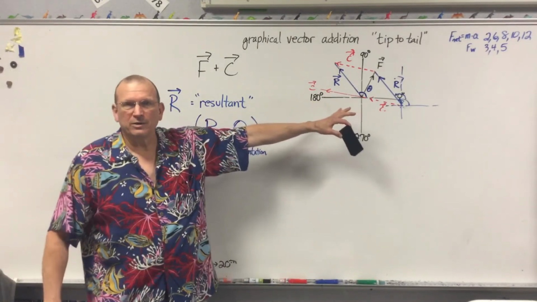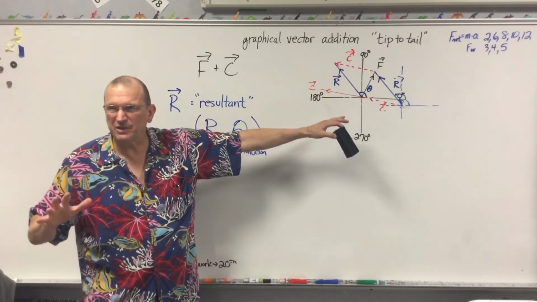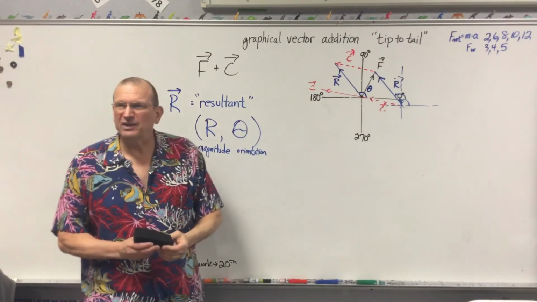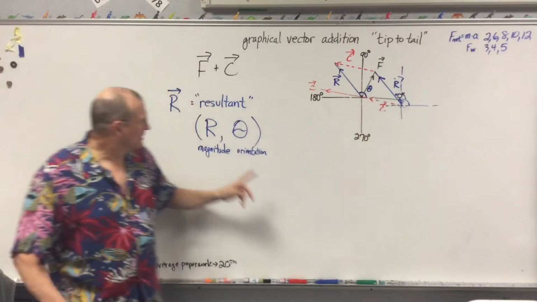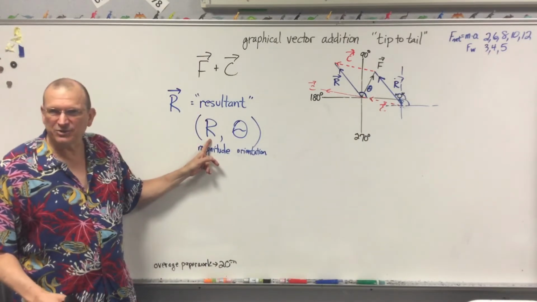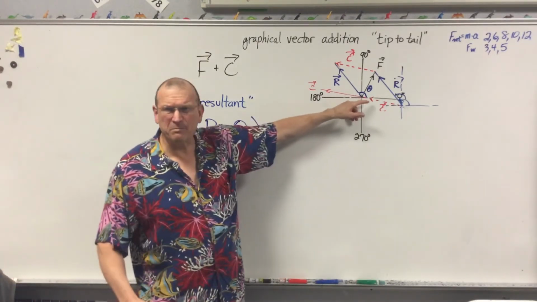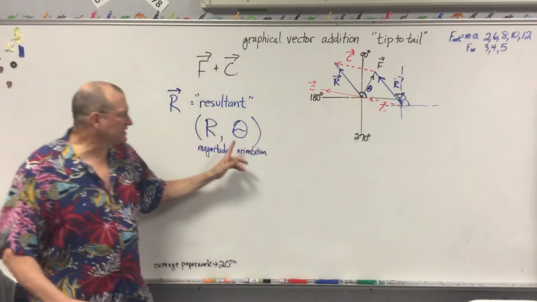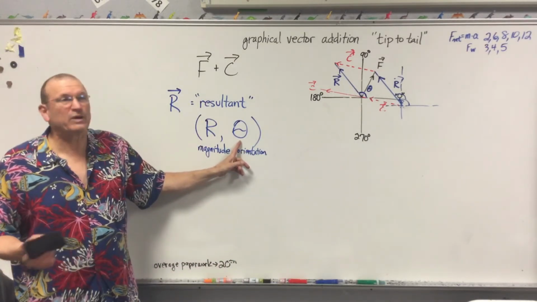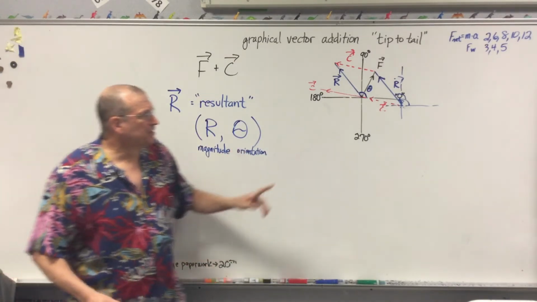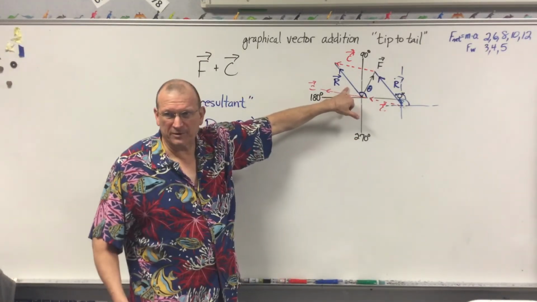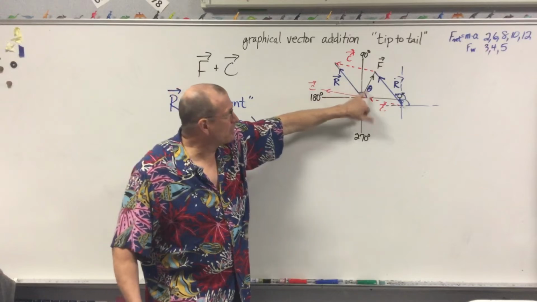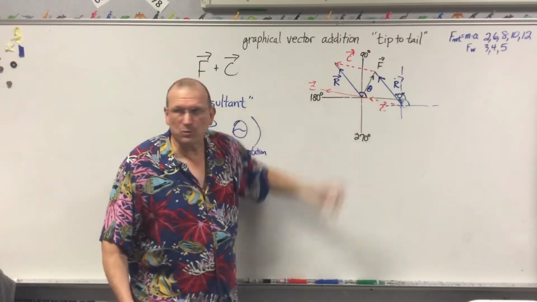Once you draw your picture that gives you the answer, your final steps are you have to measure the length, and that would be your magnitude, and then you have to measure an angle, and that is your direction. Now, in this case, you're in the second quadrant, so your angle is going to be between 90 and 180.